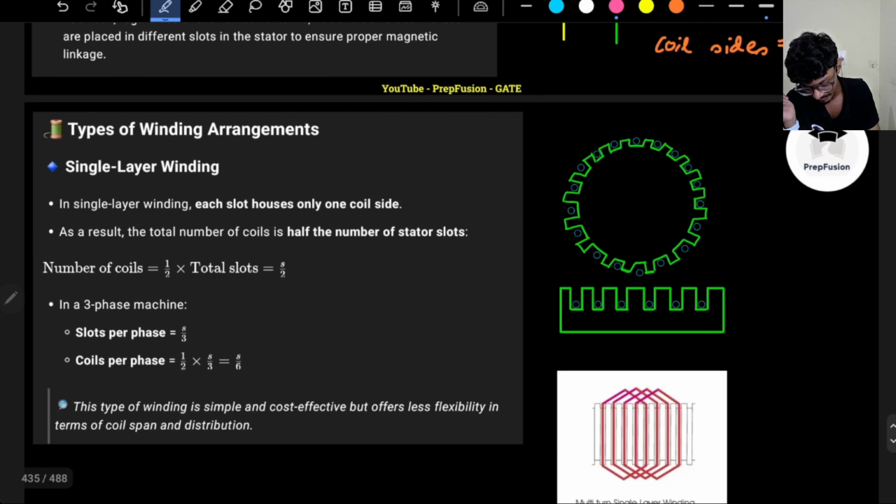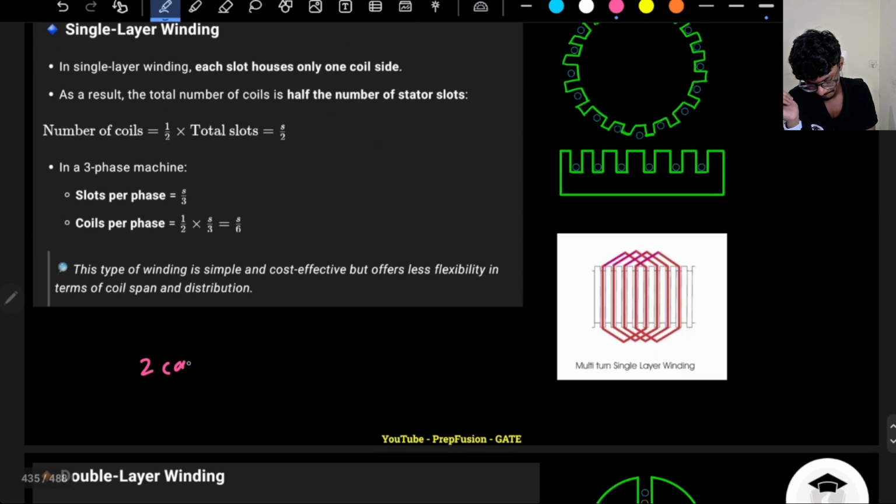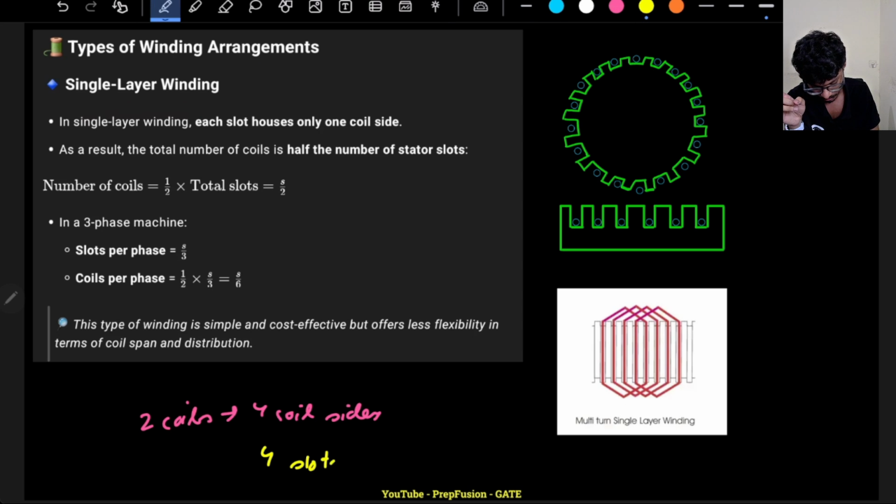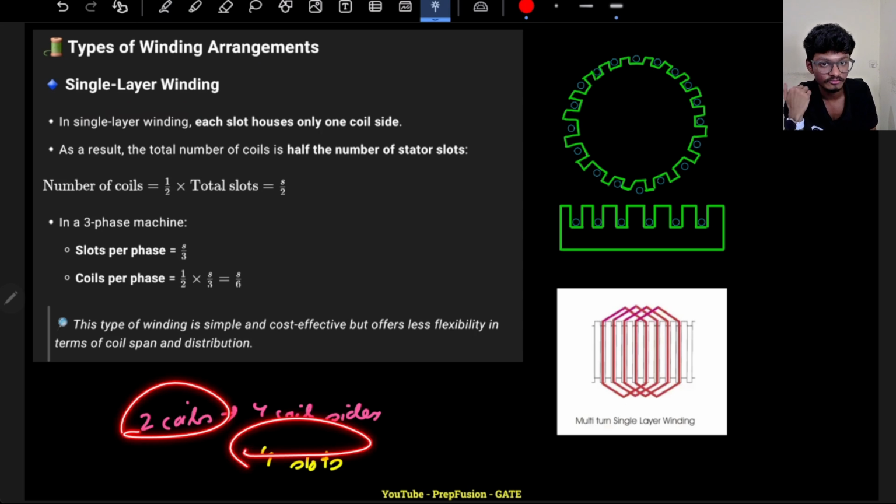Let's say I have 2 coils. How many coil sides do I have? 4 coil sides. So how many slots will I require? In single layer winding, each coil side will be placed in a slot, so I will require 4 slots. For 2 coils I require 4 slots.